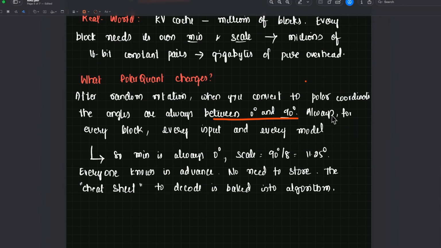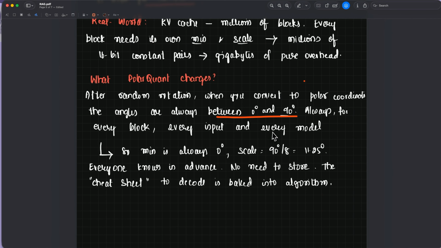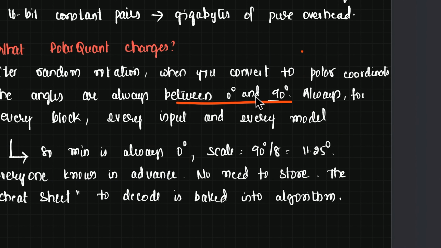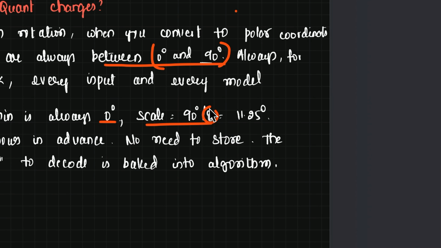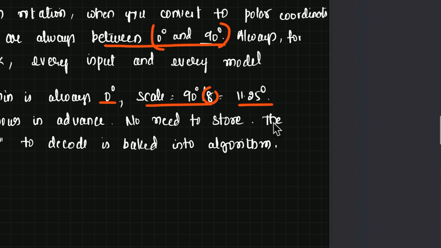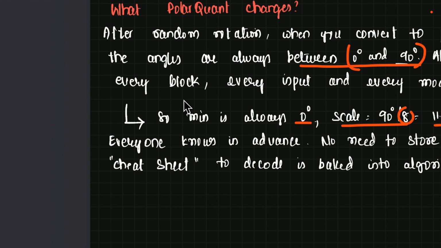So you always know the range for every block, every input, every model, no matter what. When converting into polar quants, you always lie in this predictable range. So the minimum is always 0 degrees and the scale is always 90 by 8, that is, our 3-bit quantization, which gives 11.25. So this is a static value.